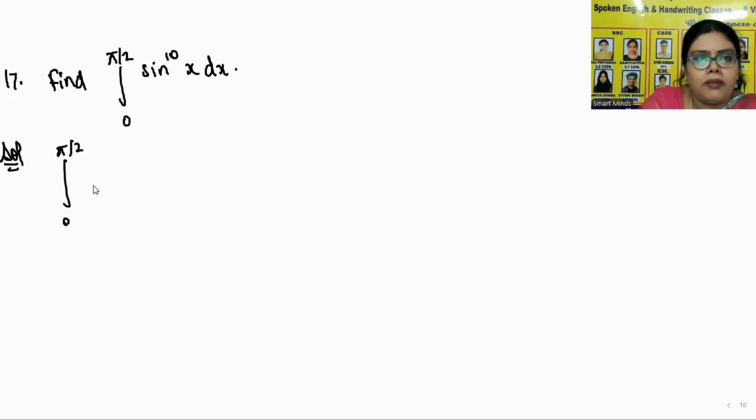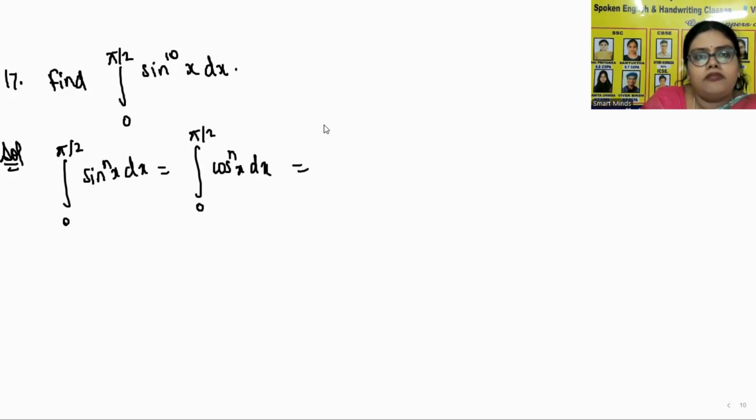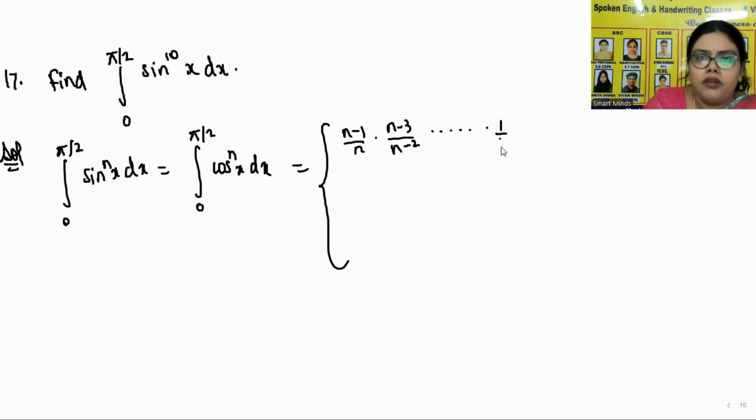Integral 0 to pi by 2 sine power nx dx, or whether it is integral 0 to pi by 2 cos power nx dx, the formula is n minus 1 by n into n minus 3 by n minus 2. Like that you have to keep reducing until you get 1 by 2 into pi by 2.